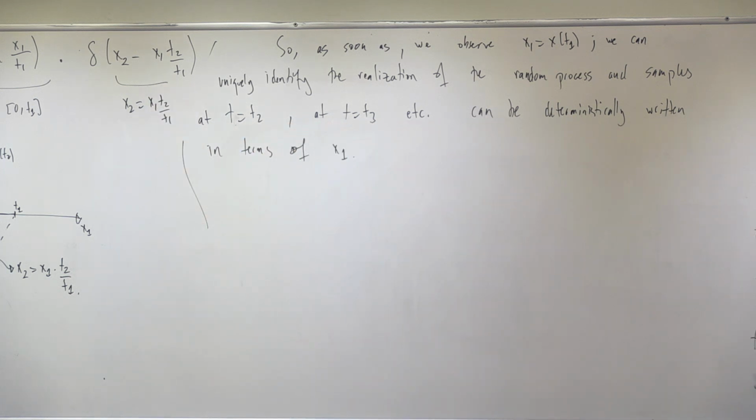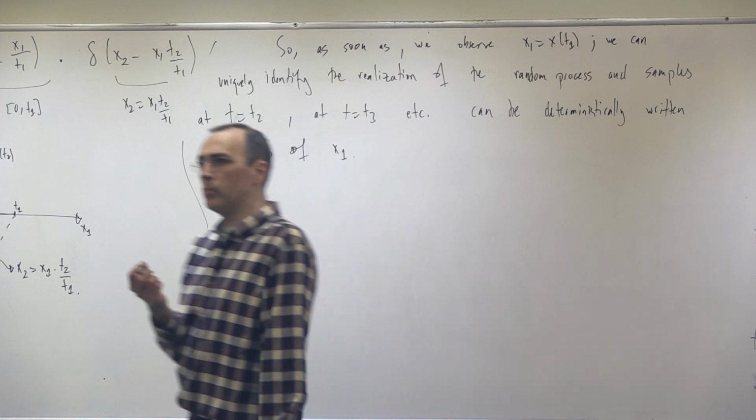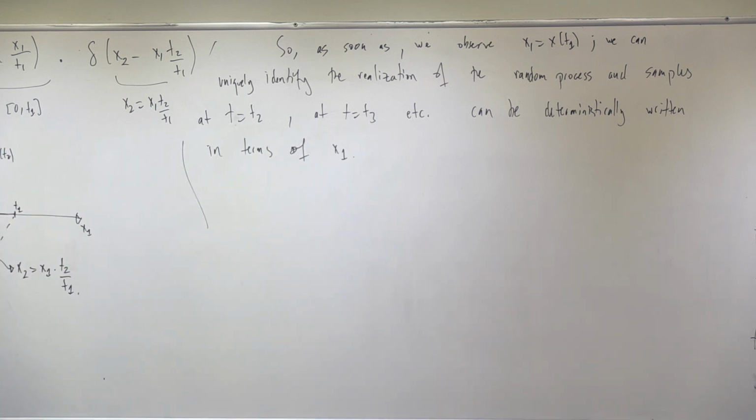So this is due to the simplicity of this example. There was only one random variable, this is the slope, random slope signal. So as soon as I make an observation of it, conditioned on that, I can make predictions for all times. Okay, that is it.